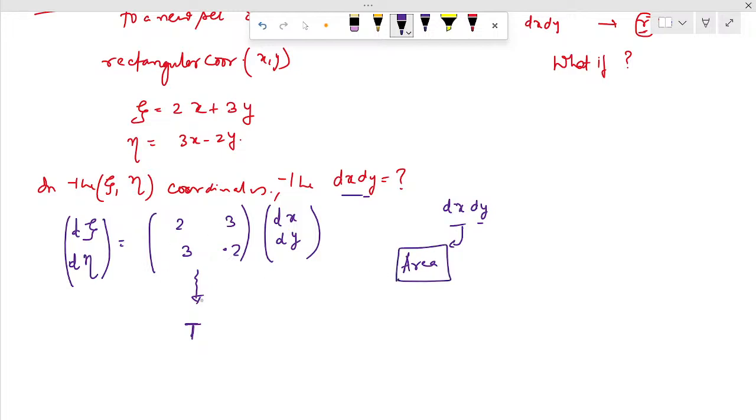What will be the matrix of transformation? It will be 2, 3, 3, minus 2. Is that clear?